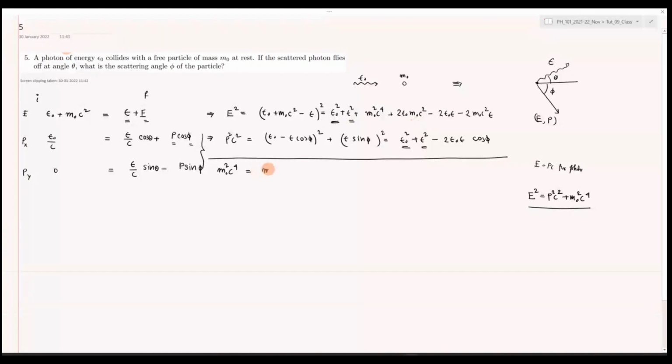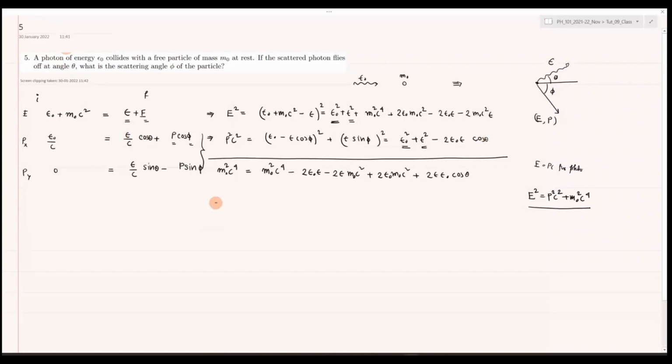No. So finally the expression will look like m naught square c power 4 minus 2 epsilon 0 epsilon minus 2 epsilon m naught c square plus 2 epsilon 0 m0 c square plus 2 epsilon epsilon 0 cos theta. This will be theta because this was giving that there.